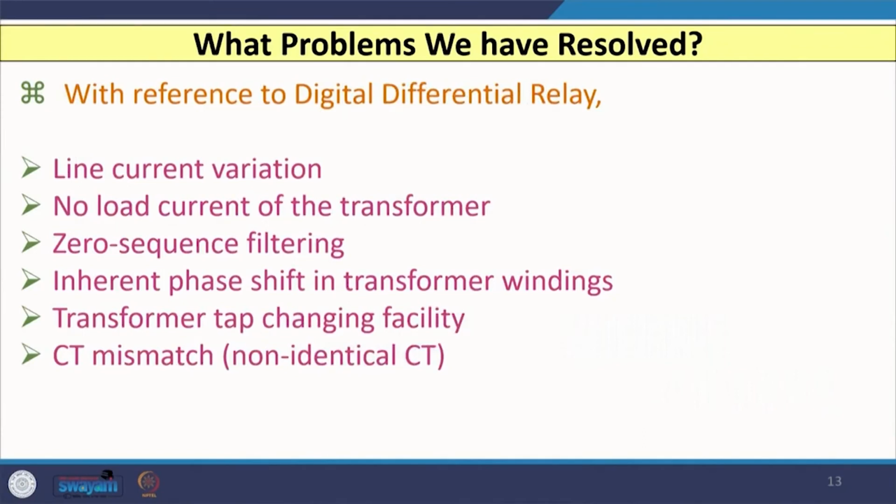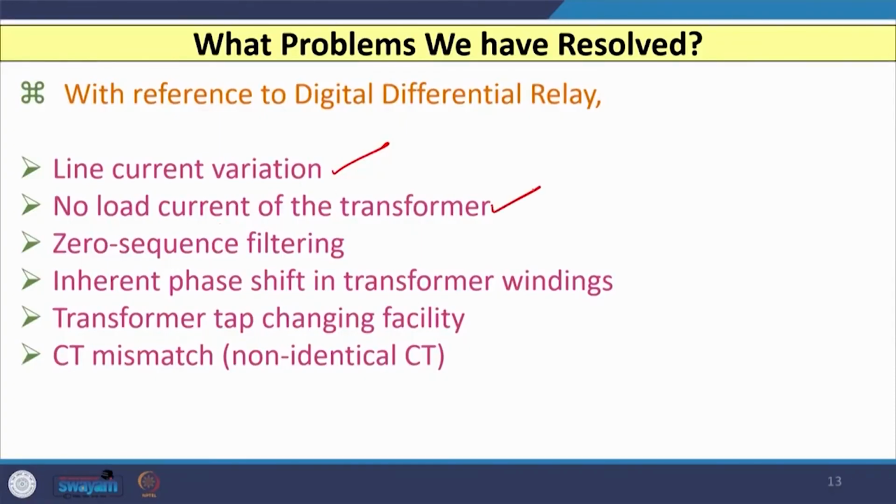Now, with this background, let us see what we have discussed. With reference to our digital or numerical differential relay, we have considered the line current variation. If you have HV side or LV side, the voltage ratios are different, so current ratios are also different, so CT ratings are also different.